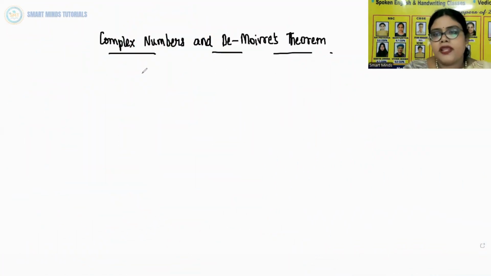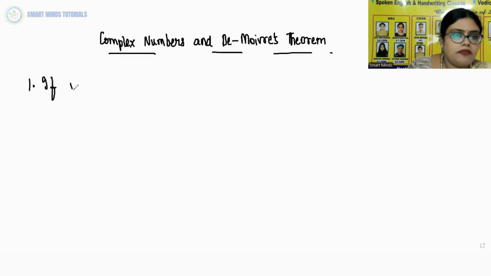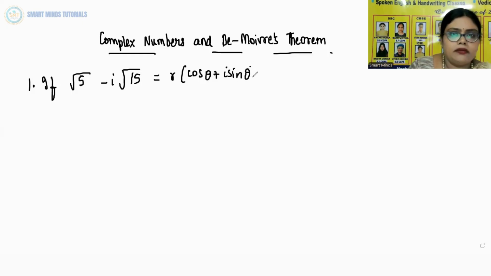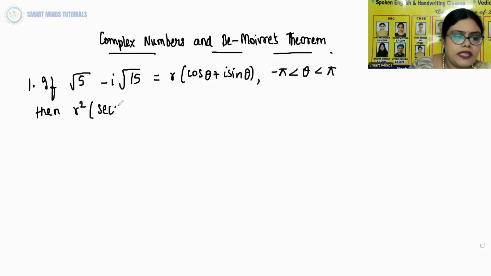So in today's class, we will get started with complex numbers and De Moivre's theorem. EAMCET level, okay? So take the first question. If root 5 minus i root 15 equals r into cos theta plus i sin theta, where minus pi less than theta less than pi, then r square secant theta plus 3 cosecant square theta equals to dash.